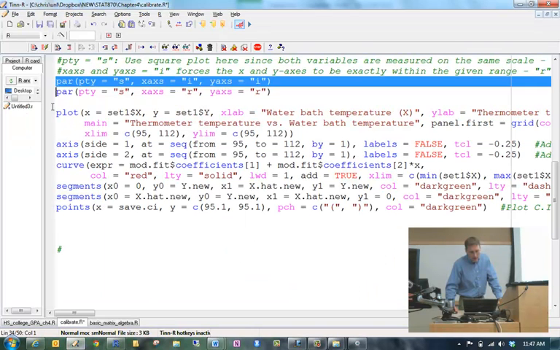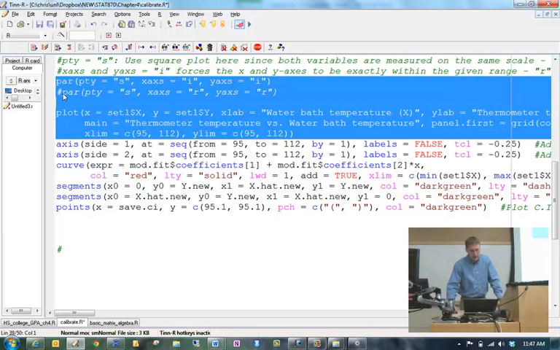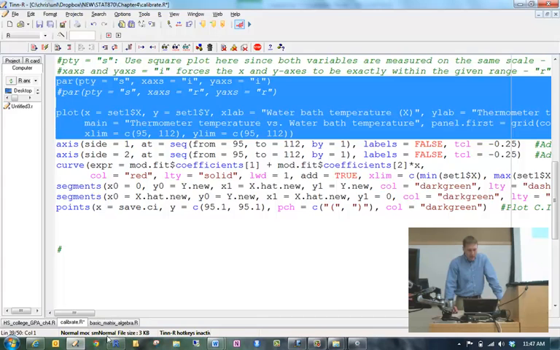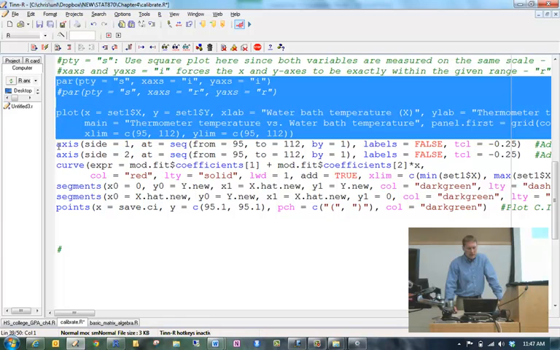Okay, so let me remove that. So this is what I get for the basic plot. I want to add some stuff to it. In particular, it would be nice if I actually saw tick marks for 96, 97, 98, 99, and so on. And we talked about this in the Introduction to R lecture that we had.